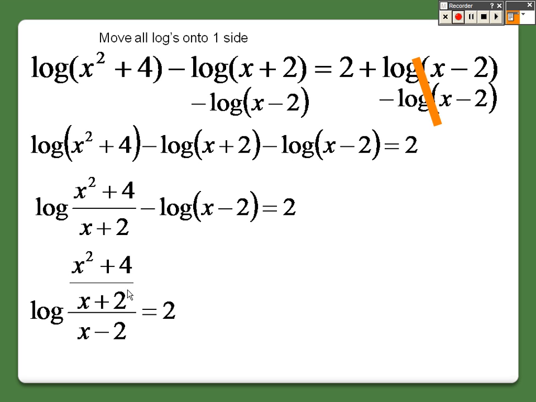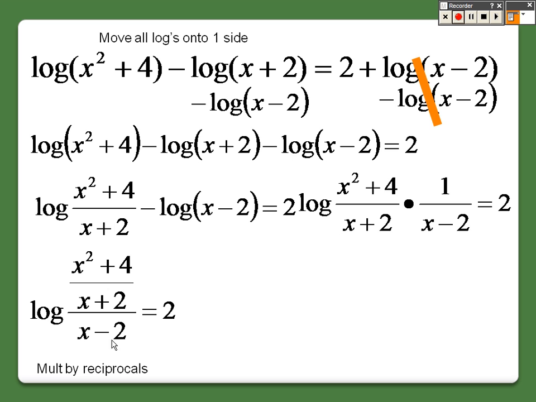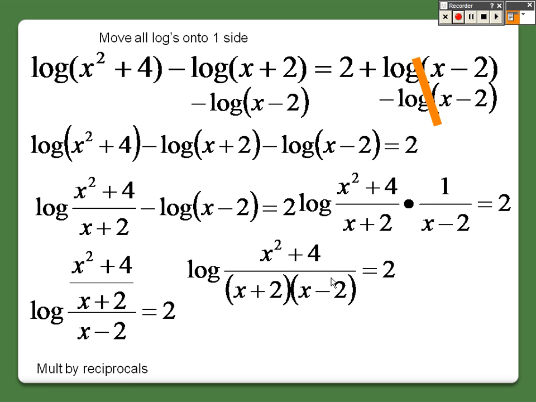Well, remember, you take the top and you can multiply it by the reciprocal of the bottom. So when you multiply by the reciprocal, that's really what you have there. So when I put that together on the bottom, x plus 2 times x minus 2, that's what you're looking at.